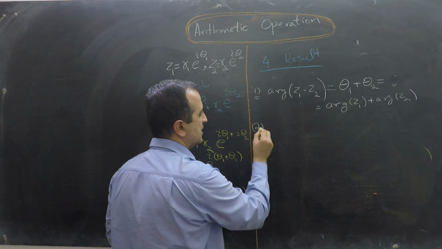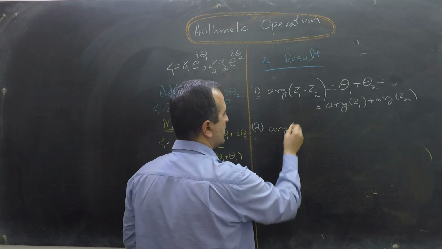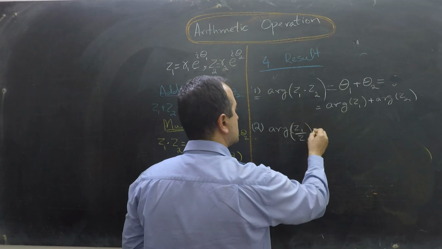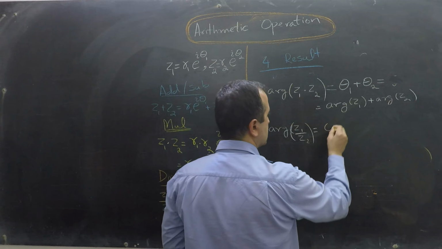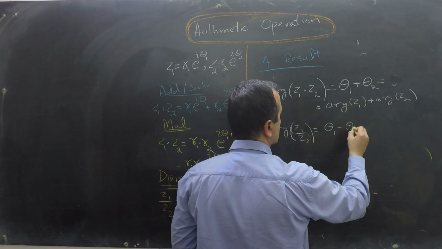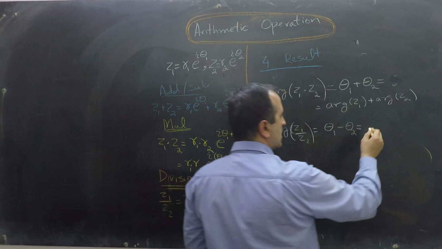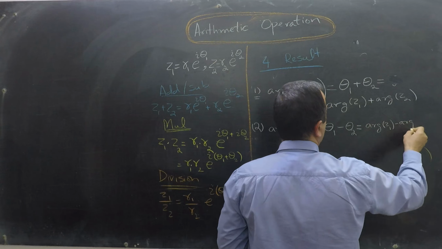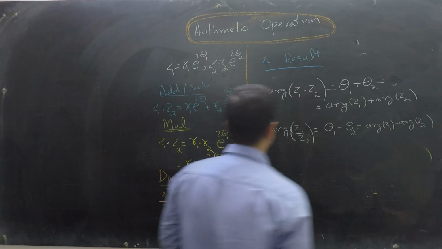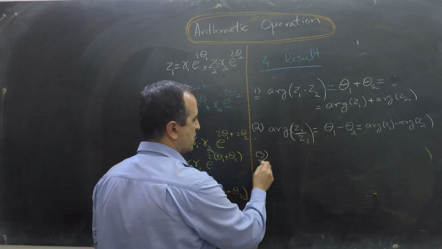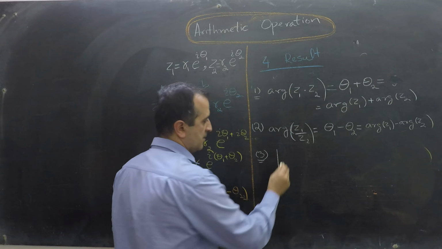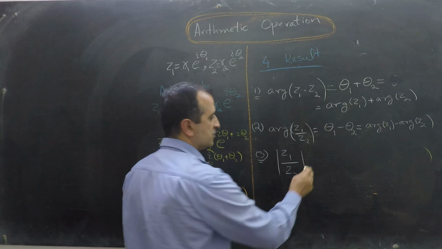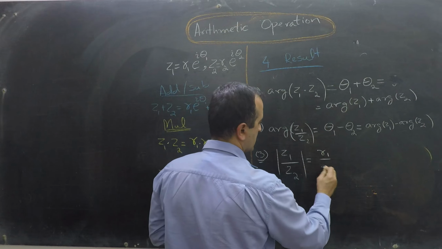Second result is that if I say argument of z1 divided by z2, then this will be equal to theta 1 minus theta 2. That means it will be equal to argument of z1 minus argument of z2. My third important result is if I say modulus of z1 over z2, that will be equal to r1 over r2.